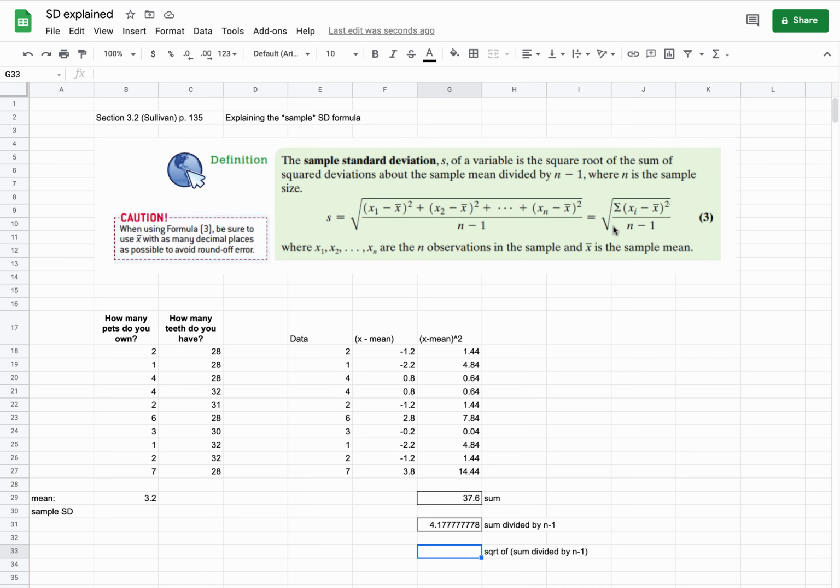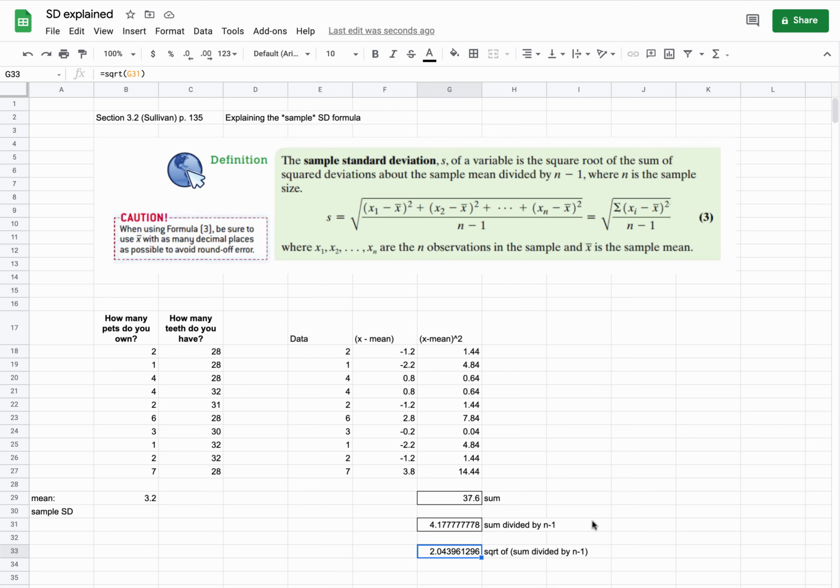So I'll start with an equal sign, SQRT, start a parenthesis. I'm taking the square root of that last answer, close parenthesis, push enter, and so my standard deviation is just a little over 2.